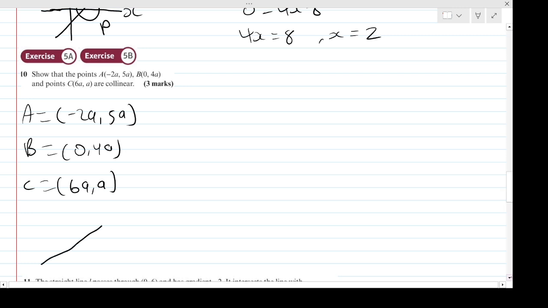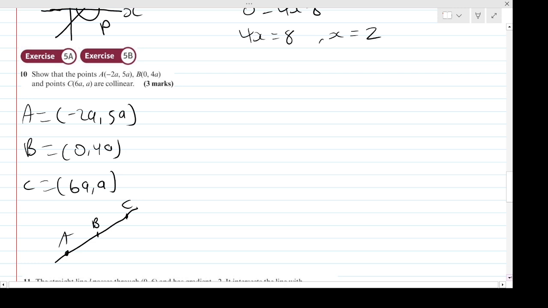So if I have a straight line here, as a general example, not necessarily the line that they lie on, just drawing a line. Say A is there, B's there, and C's there. They all lie on the same line. So how do we work with that?